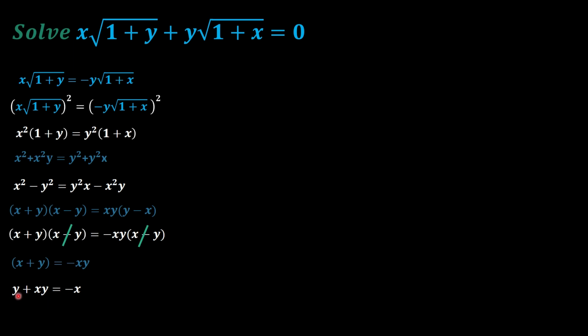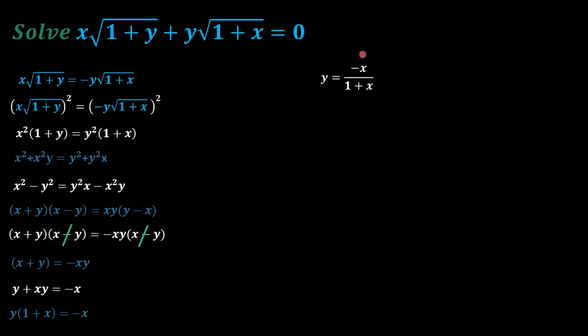Now take common y from this expression and we get y(1+x) = −x. Now this (1+x) will go in division with −x. Now this is our simplified form to differentiate.